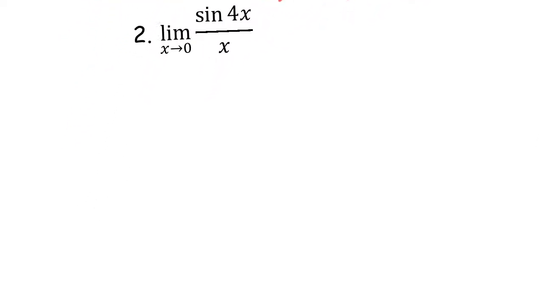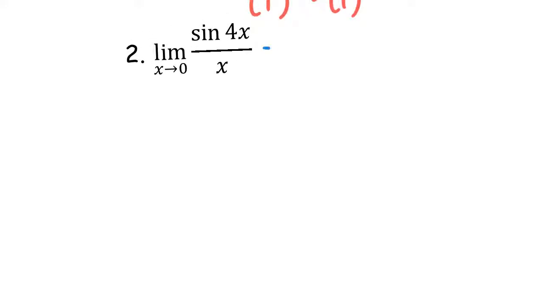Alrighty, so let's move down to number 2. Very similarly, you see sine of 4x over x. Well, this is almost the correct form, except I'm missing a value of 4 in the denominator.